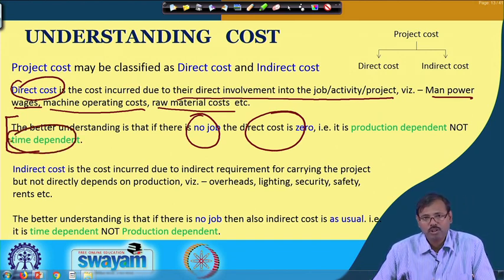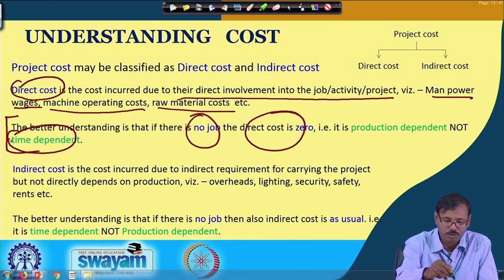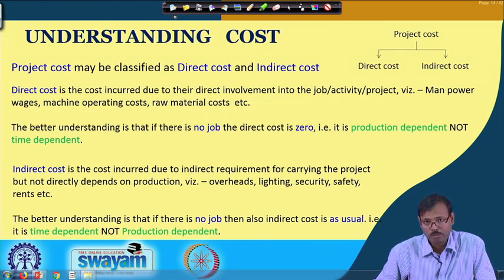If you are manufacturing a bolt, then only the cost is there. If you do not manufacture the bolt, your cost on the iron part is not there, your cost for machine operation is not there, and your cost for manpower is also not there. That is called direct cost, which is dependent on the production only, not on time.